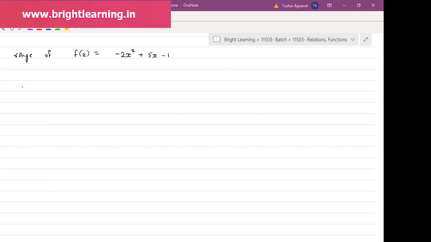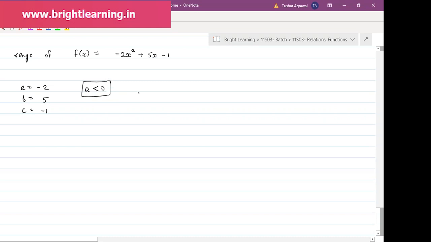So let's see. Okay, a is equal to -2, b is equal to 5, c is equal to -1. Is it minus infinity to 29 by -4? Let's check. Okay, so a is equal to -2, which is less than 0.